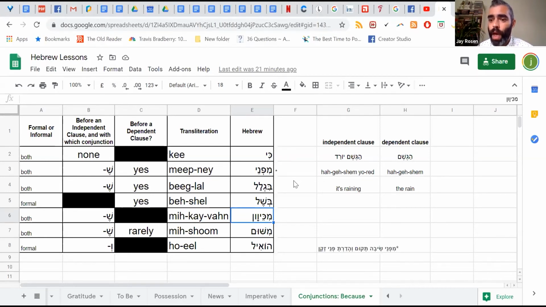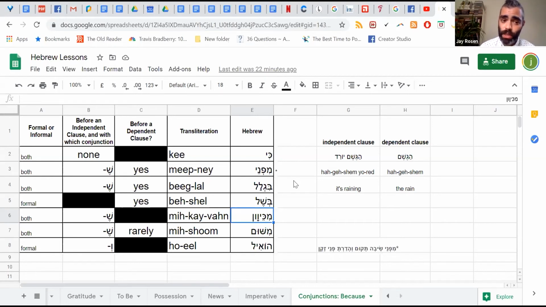Any one of you who've ever rented an apartment in Israel or ever had to sign a contract in Israel knows this word, even if you never translate it. Ho'il is probably best translated as whereas, which is why I didn't write it out here, because ho'il you'll almost never see outside of a legal contract.